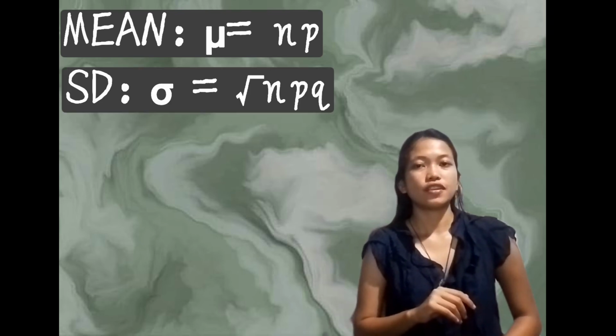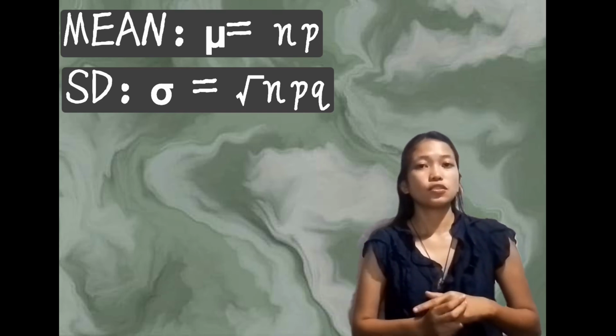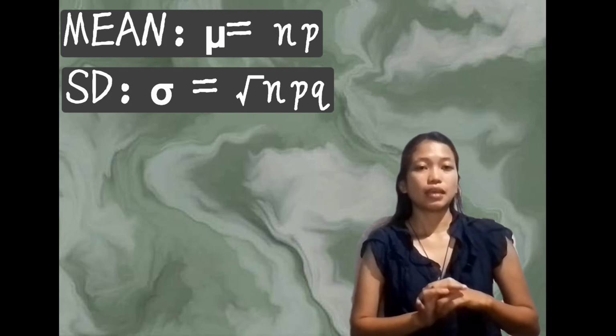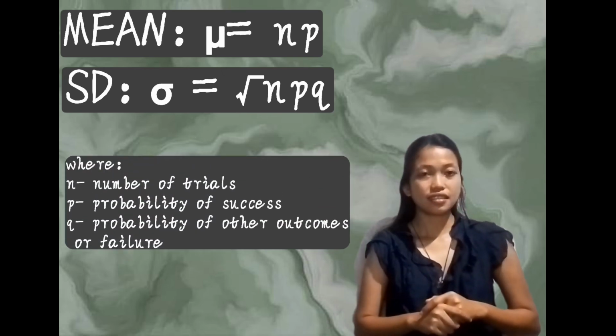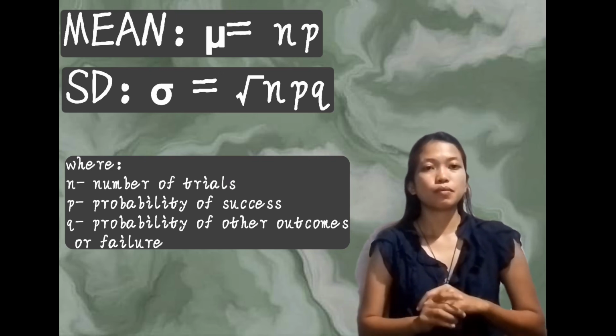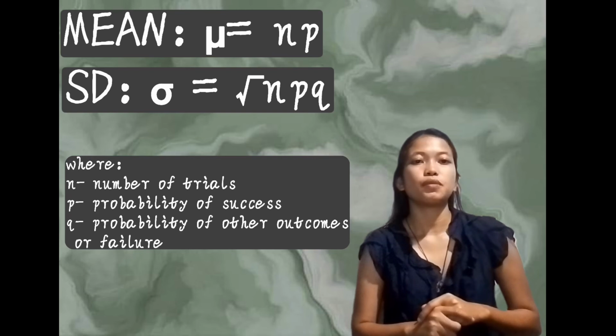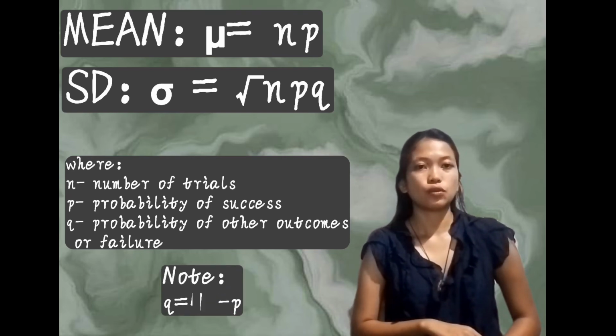The formula of the standard deviation is sigma equals the square root of n times p times q, where again n is the number of trials, p is the probability of success, and q is the probability of failure, wherein q is equal to 1 minus p.